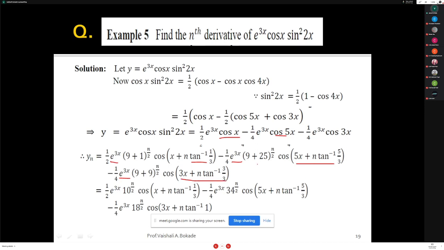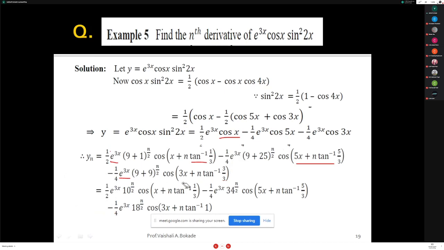Now what is phi? Phi is tan inverse of b upon a. Let me erase this so you can get it. I'm concentrating on the first term, and the same thing will be applied for all the terms.